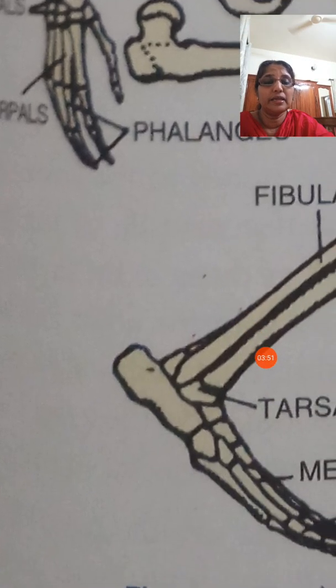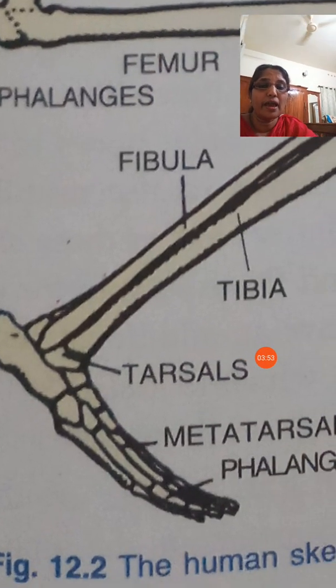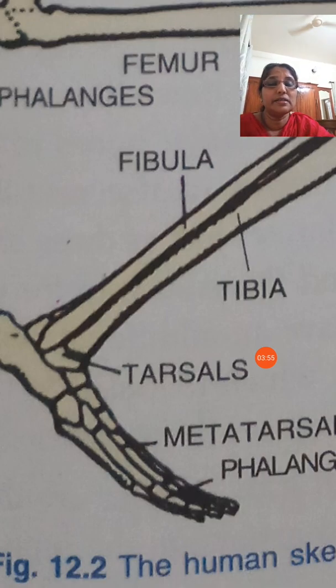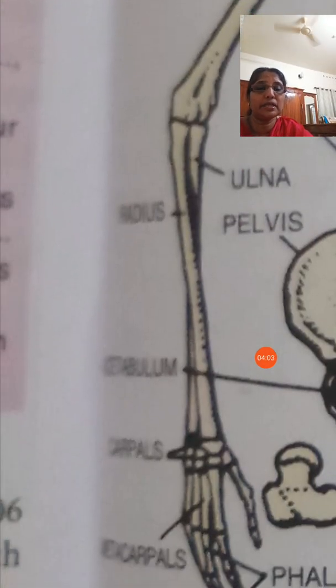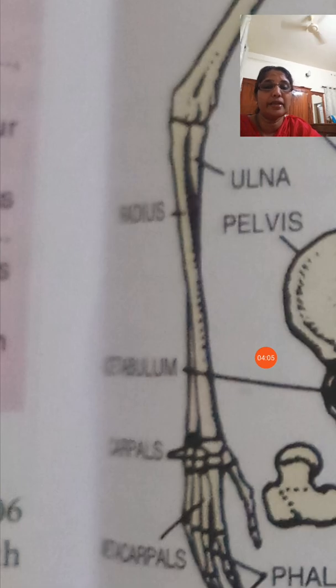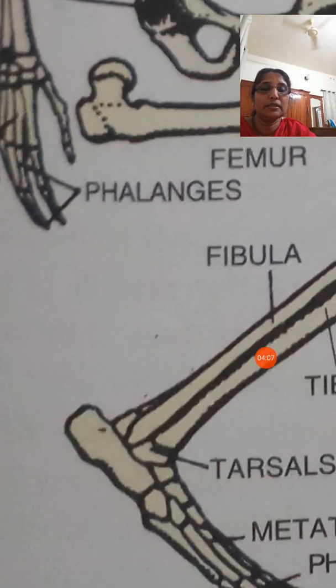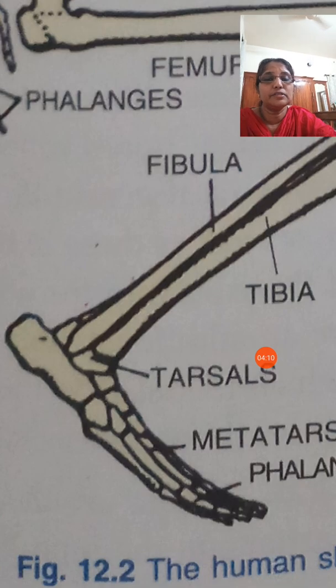Instead, in the ankle region, the tarsals are one less, 7 in number. In the wrist, carpals are 8, but in the ankle it is only 7. One number is less, you can remember like that.